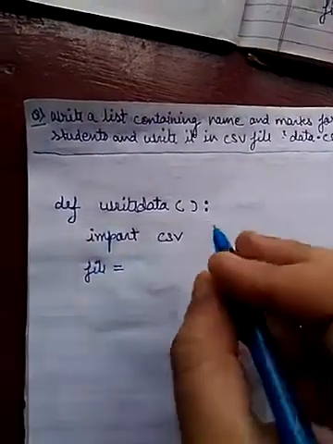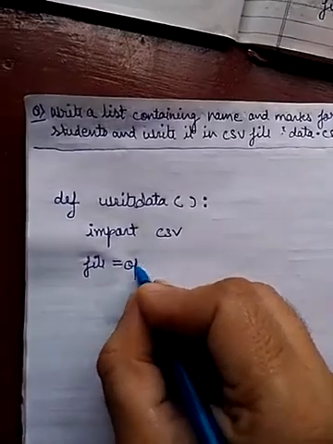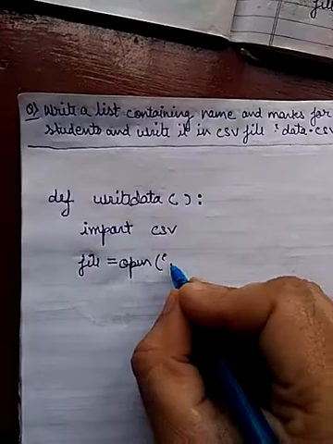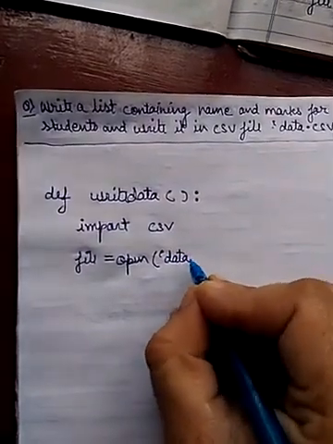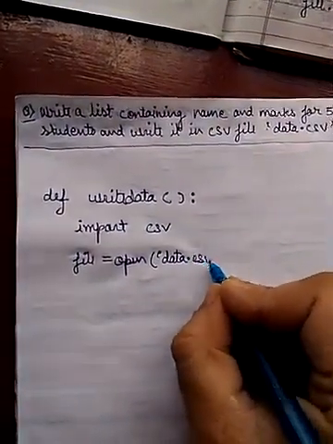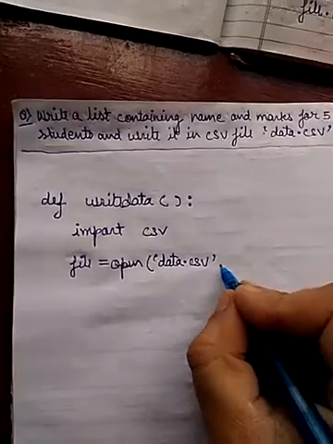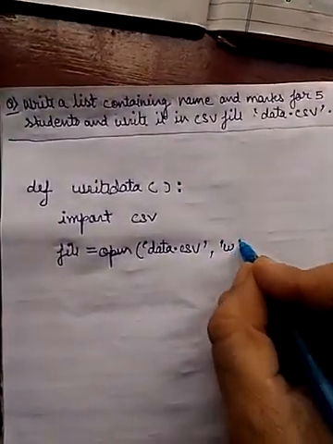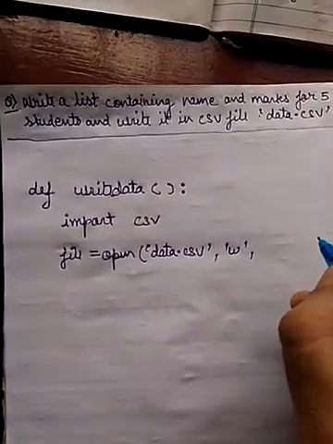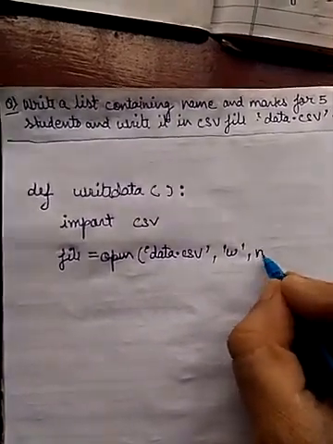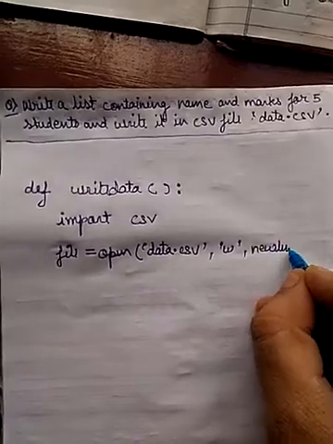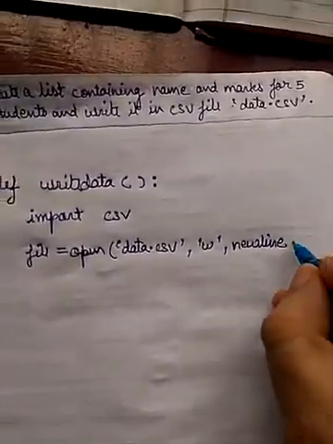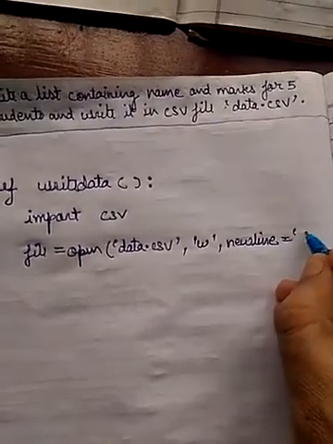Now to write anything in the file, first you need to open the file. File equal to open, the name of the file, let us say data.csv. We are opening the file for writing purpose, W, and remember that here you have to write one more parameter, that is newline equal to blank.